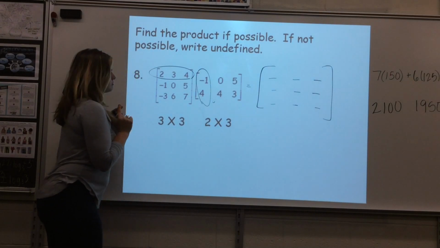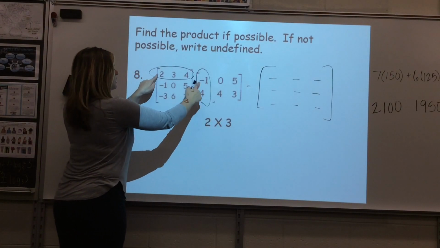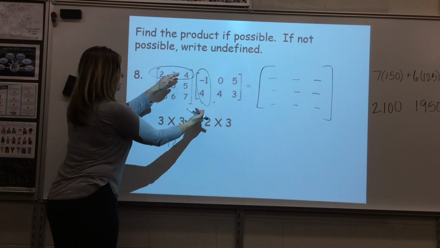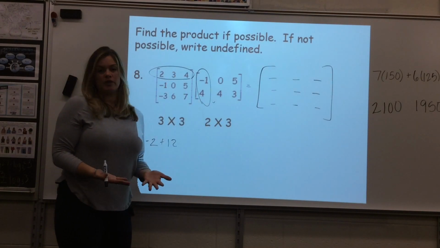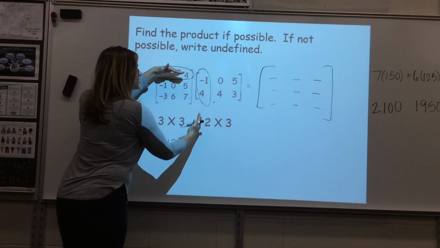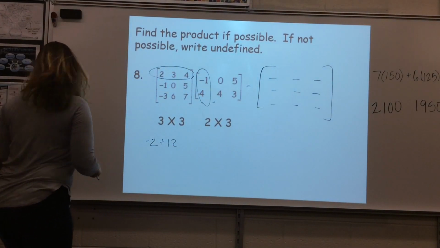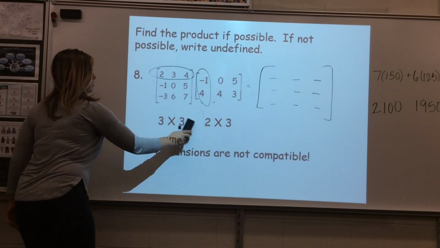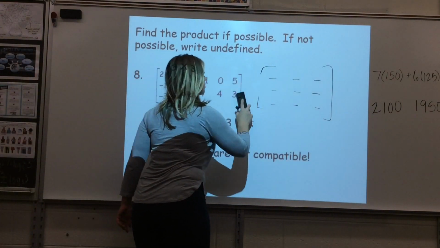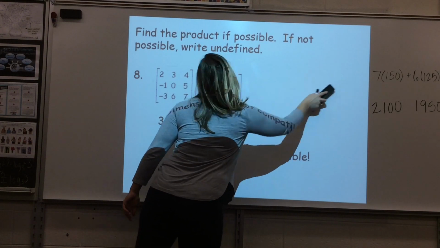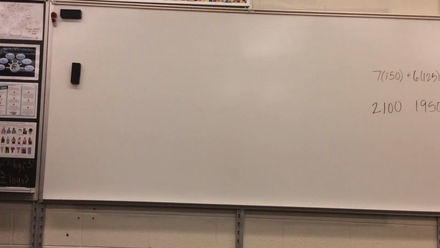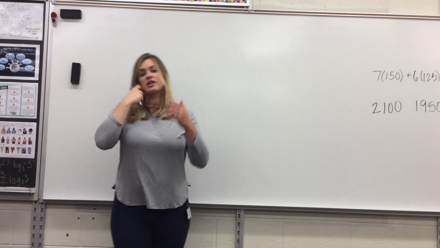No. Nothing would happen. -2. 12. There's nothing there. That's why we can't do it. They have to line up because the numbers have to be there. It's not possible.